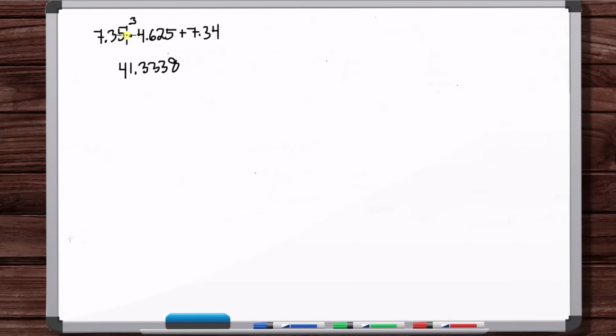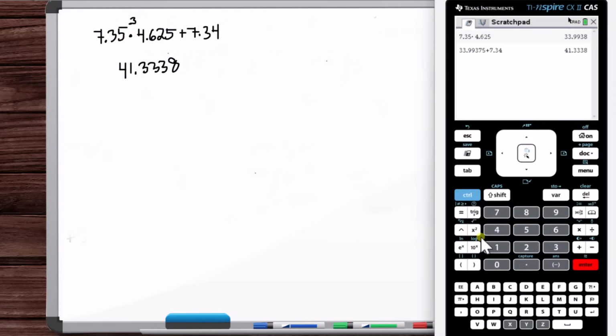With 3 significant digits, this is going to be precise to the 10th place. After we did this multiplication and kept 3 significant digits, this would be precise to the 10th place. So we're adding something with 10th place precision to something with 100th place precision. So we're going to keep the 10th place, and round this to the 10th place.